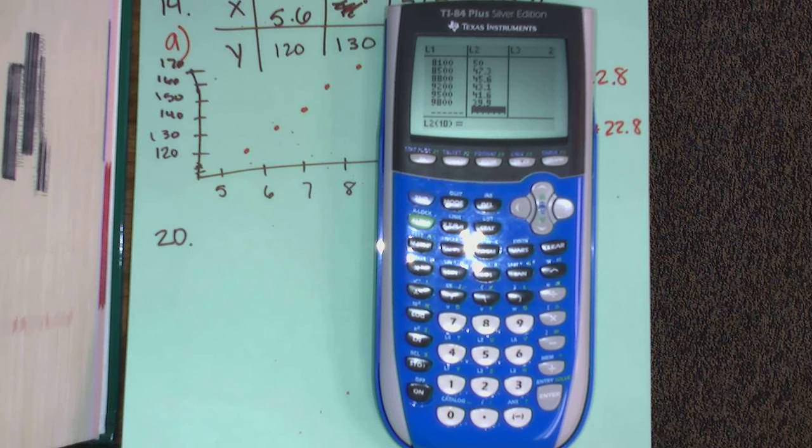This problem says use a graphing calculator to find and graph the equation of the best fitting line. So this one I'm not requiring you to do by hand. The other ones it says to draw a scatter plot first, so yes, you would need to do it by hand, with labels and everything. With this one, we're just going to ballpark it and make it look halfway decent.